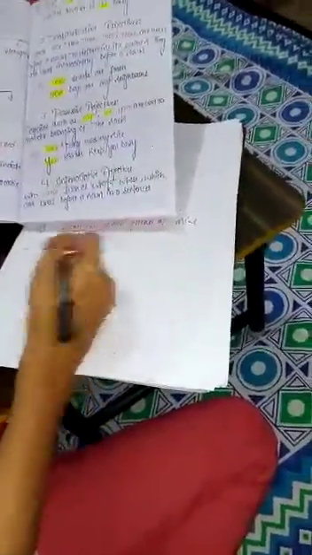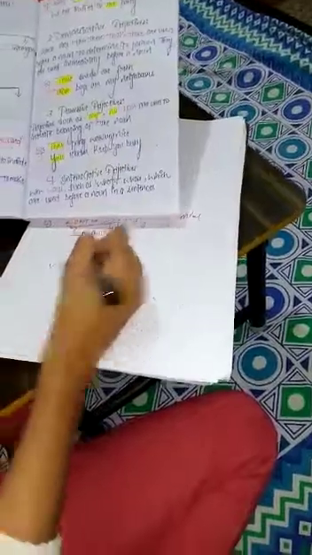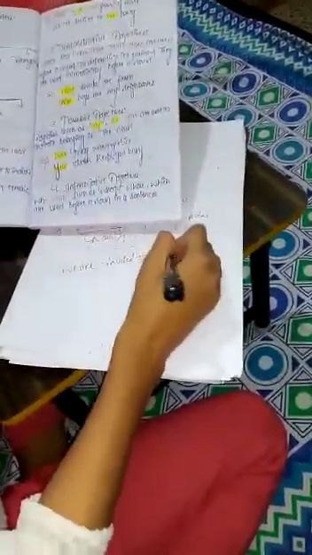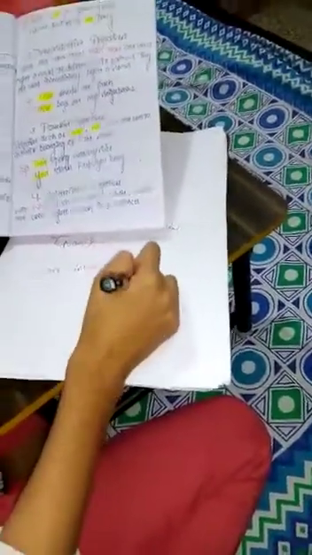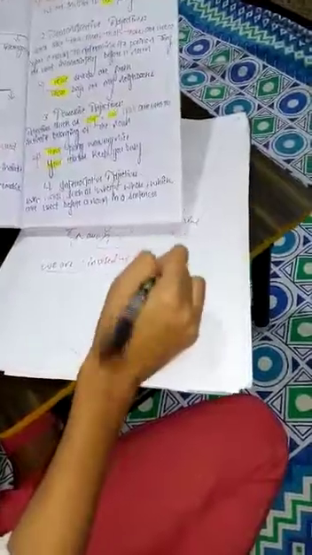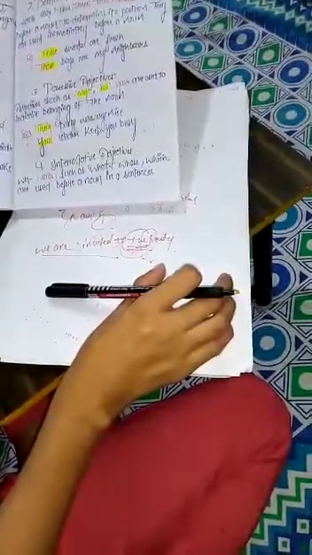First example. Second, we are invited to the party. Where are they invited? They are invited to the party. The is an article. So what is an article? Articles a and the are used immediately before the noun.